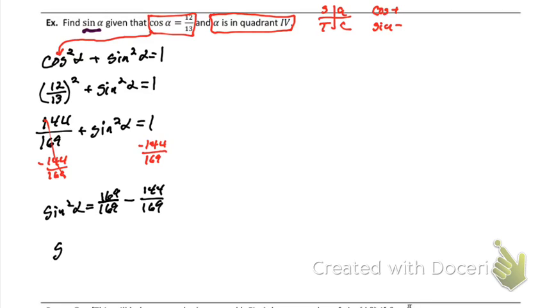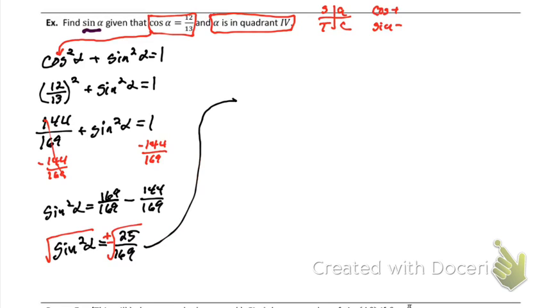All right, now we're going to have sine squared alpha equals 169 minus 144, which leaves us with 25 on top. Our denominator is going to stay 169. Now we're going to take the square root of both sides. Don't forget we are actually doing the plus or minus.